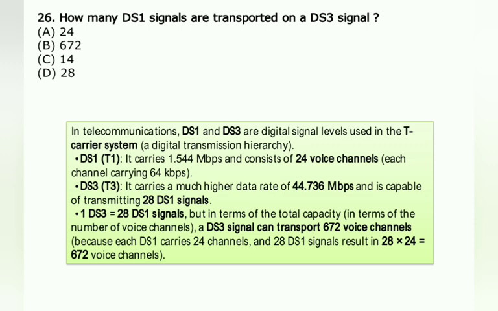Each channel has a 64 kbps speed. And DS3, that is T3, has a much higher data rate than DS1. It has 44.736 megabits per second and is capable of transmitting 28 DS1 signals. So 1 DS3 equals 28 DS1 signals. So the answer is option D.